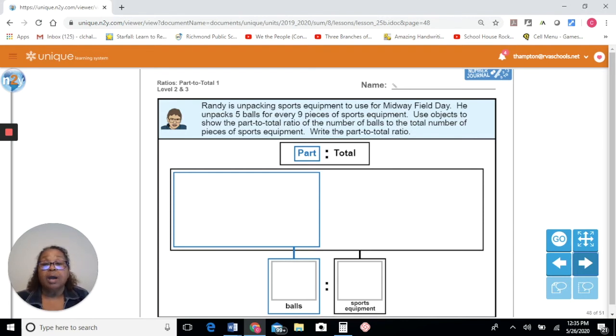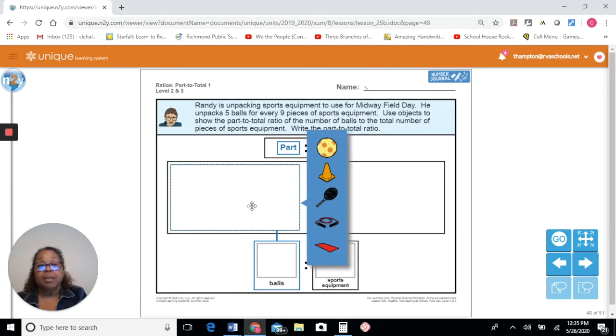We're going to use objects to show the part to total ratio of the number of balls to the total number of pieces of sports equipment. And then we're going to write the ratio. So the first part is that he unpacks 5 balls for every 9 pieces.